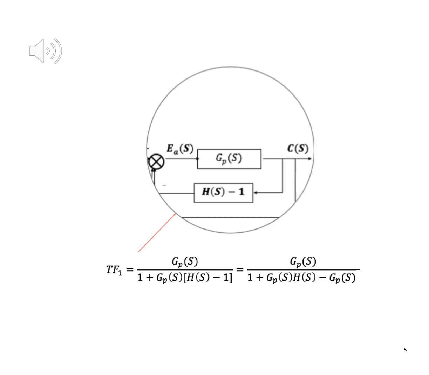It's the feed forward, which is GP of S, over 1 plus the loop. The loop is what? GP of S times H of S minus 1, which results in the small transfer function 1, which is equal to GP of S over 1 plus GP of S H of S minus GP of S. Okay?